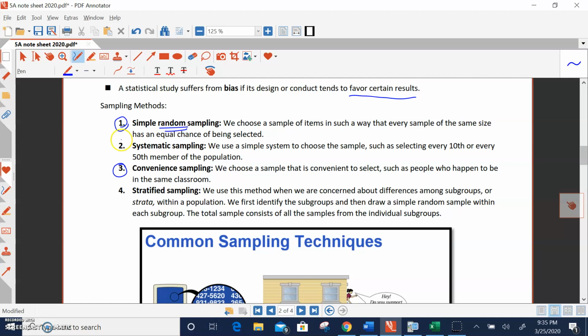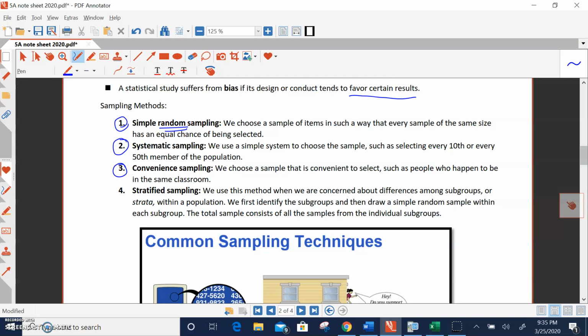Let's look at systematic, another way you could choose a sample. Systematic is like choosing every 5th or every 12th or every 7th item, maybe in a list. So suppose you had a list of phone numbers to all the faculty on campus.